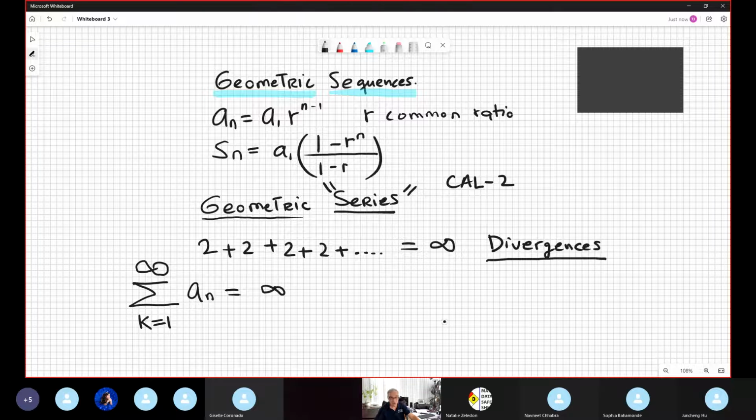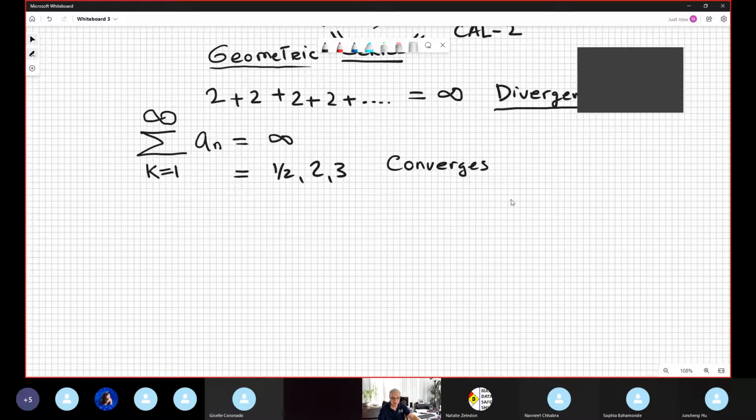But sometimes it happens that the result is not infinity, it is one specific number, around 1/2, 2, 3, and this is called convergent. Let me explain this because it's too weird. It's weird because you are adding infinitely many elements. The answer, professor, is not infinity.